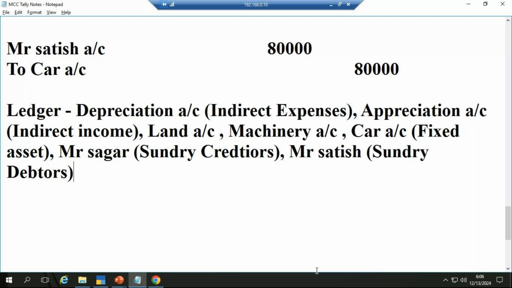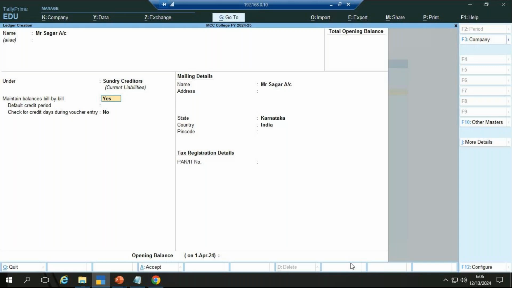Then car account comes under fixed asset, save it. Then Mr. Sagar account comes under sundry creditor, save it.